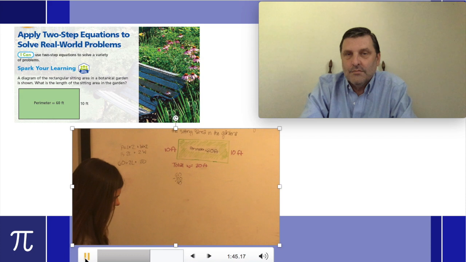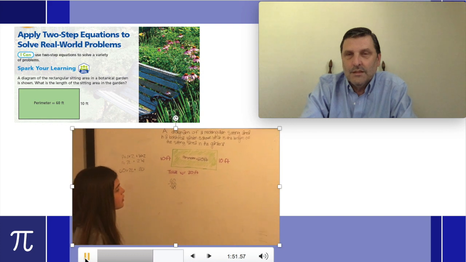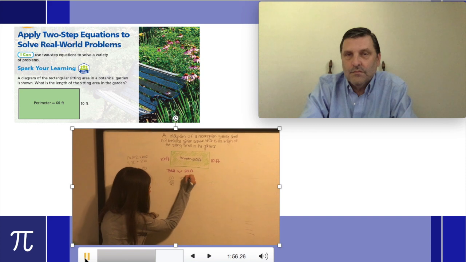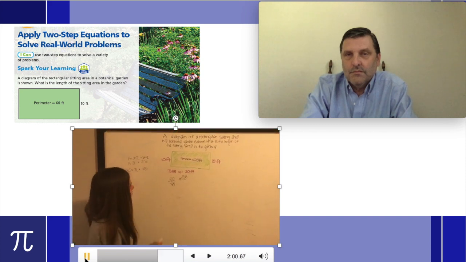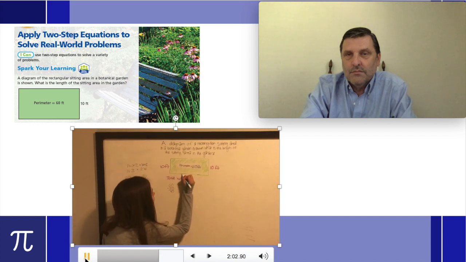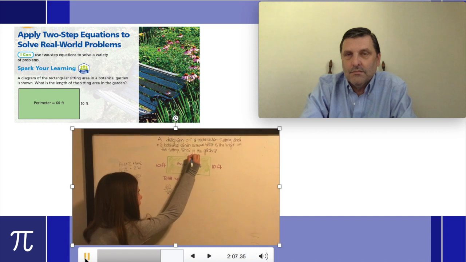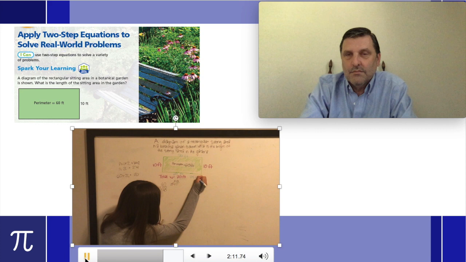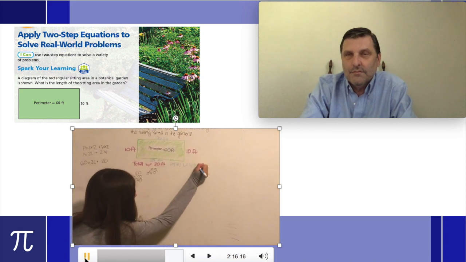I'm going to add here. But I need to find what one side of the length is. Since I have two sides of congruent pairs, I need to divide this by 2, which means one side is 20 feet, and the other side is 20 feet, meaning total equals 40 feet.